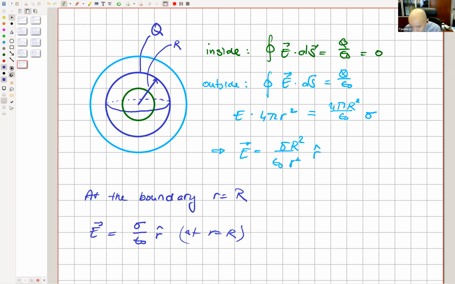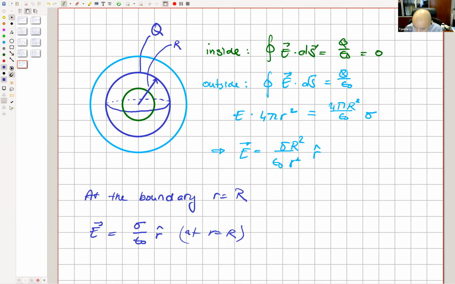The E field is indeed pointing in the direction of R, which is perpendicular to the surface. When it's parallel to the surface, there is no discontinuity. If it's 0 inside, then it should also be 0 outside. I hope this is clear.